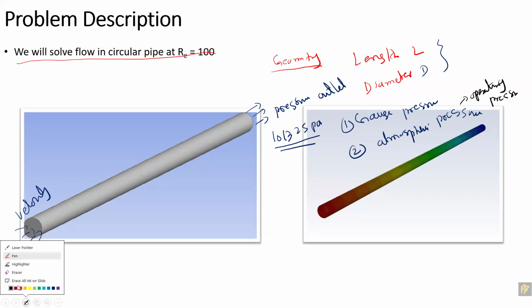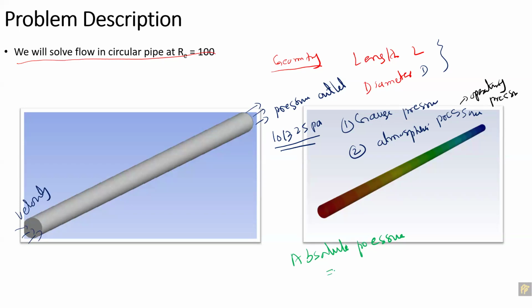So actually what is going to be there in the CFD software is that the pressure you are going to get in the solution is the absolute pressure. But you specify these two pressures, gauge pressure and atmospheric or operating pressure, separately. But Fluent will be using absolute units.